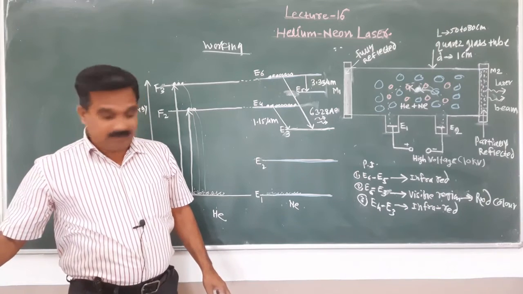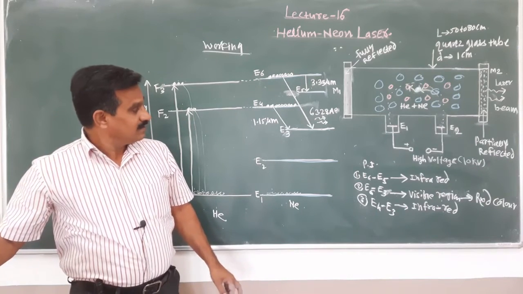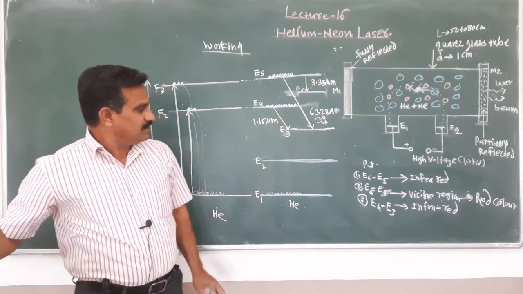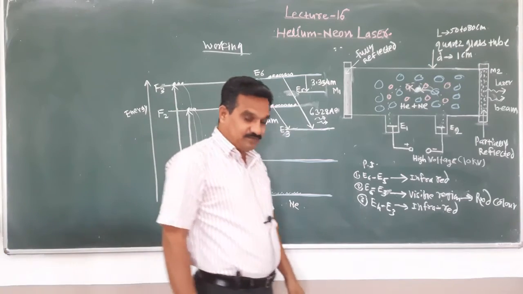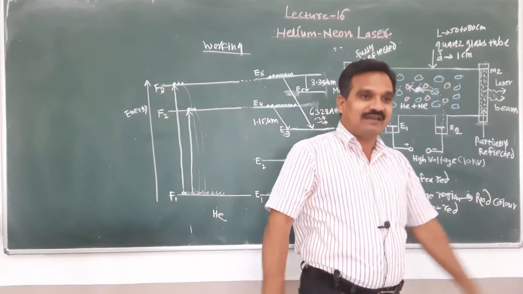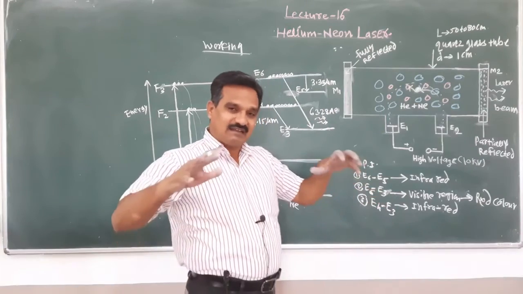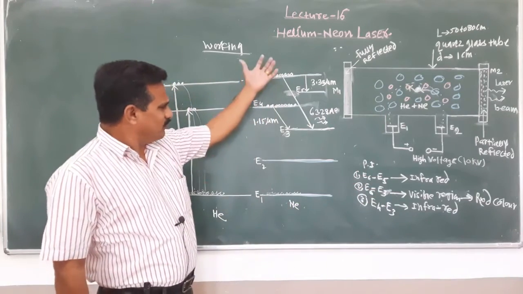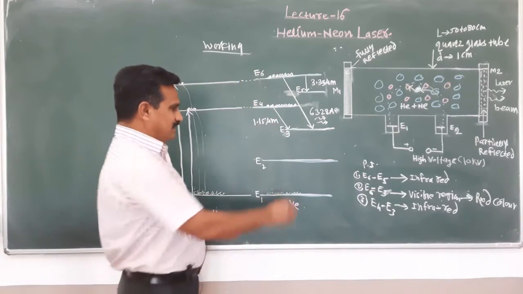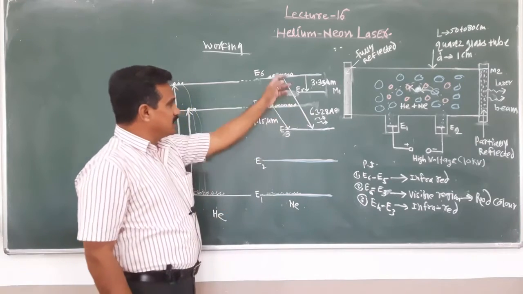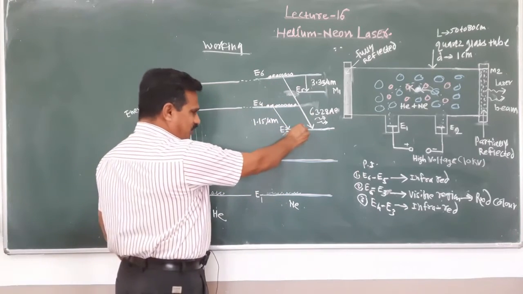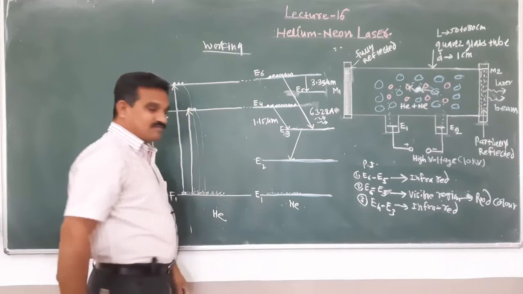The next point: photons are emitted here, but remember that energy level E3 is basically empty, and the neon atoms accumulated there decay quickly to E2.